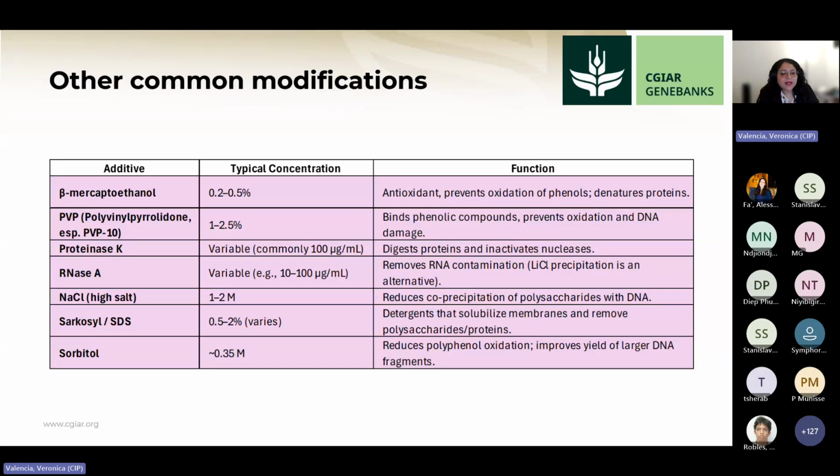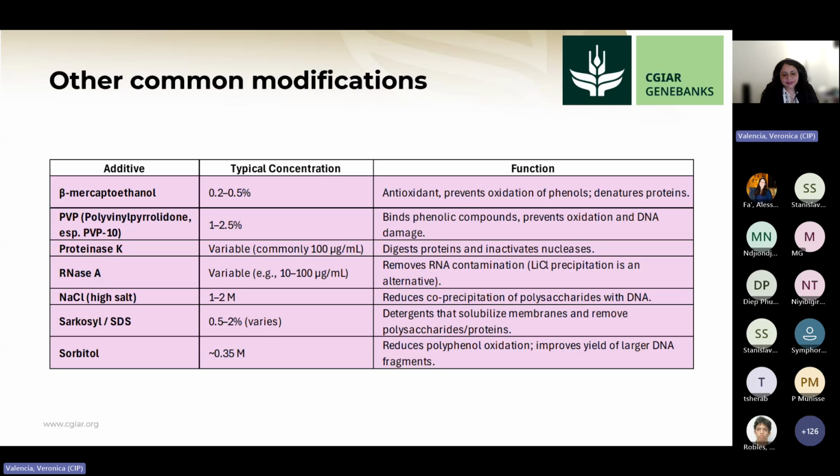And while the kit that we use works very well, it becomes stuck because the gum doesn't let the filters work. So we did a modification with sorbitol: you use a sorbitol wash buffer as a pre-treatment before you enter the CTAB or the protocol for the kit, and it works very well.